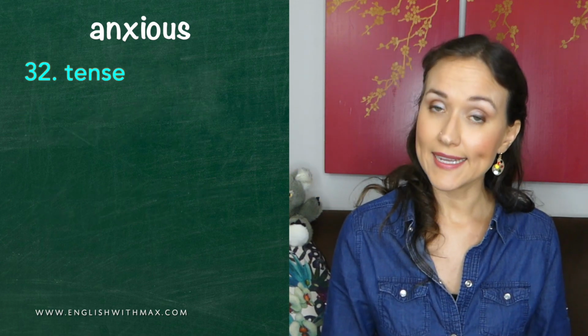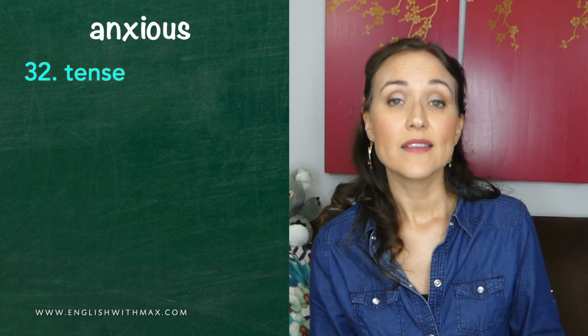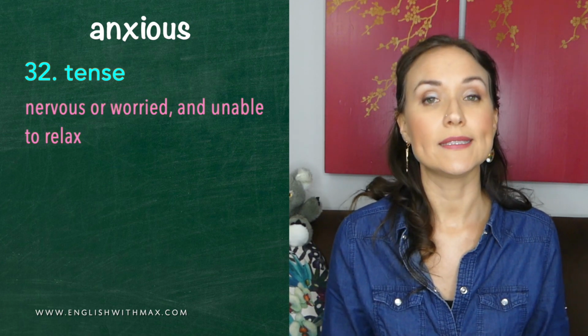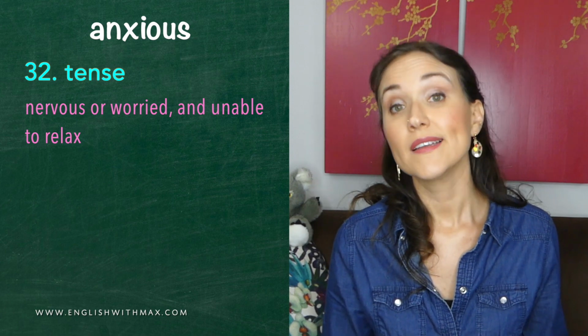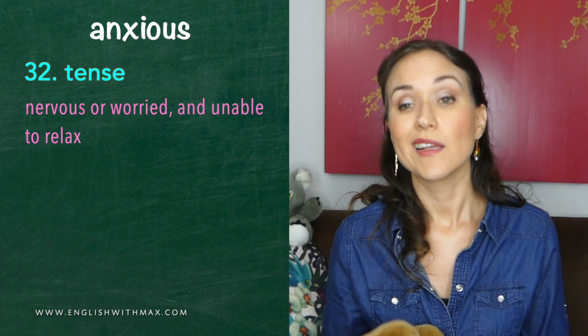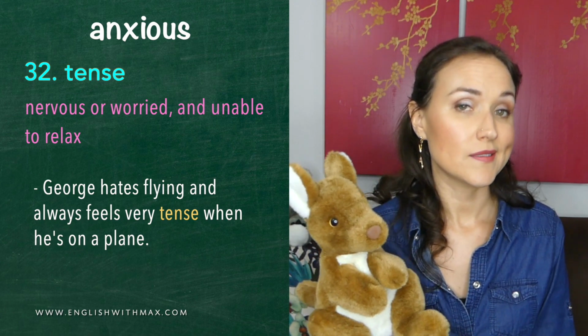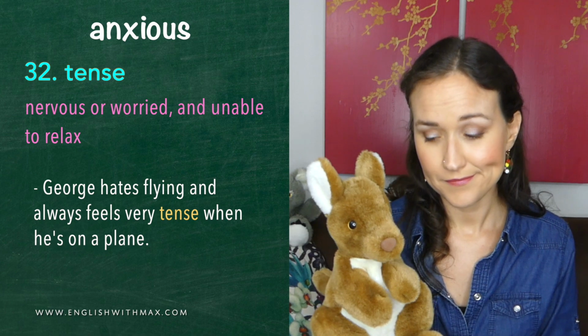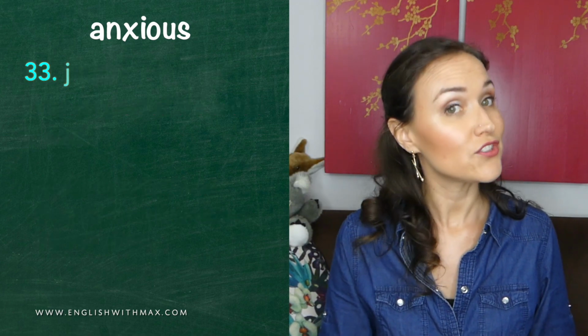Next we have tense. Tense. This means nervous or worried and unable to relax. For example, George hates flying and always feels very tense when he's on a plane. A similar word is jittery.